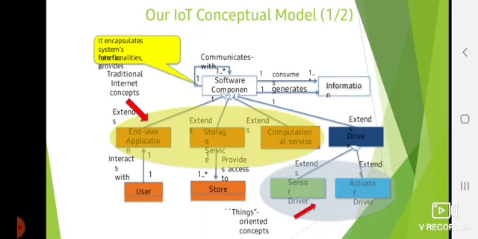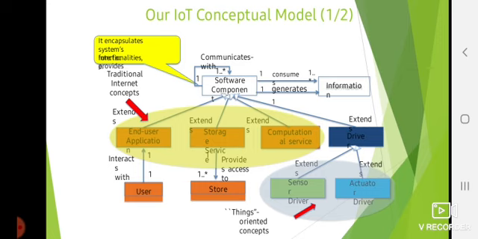Next, we have to see the first conceptual model. Here we have two conceptual models. The first conceptual model mainly consists of the software component. The software component is extended by users, stores, and sensors and actuators. The user interacts with the end user application. The store provides access to the storage device. The sensors and actuators extend the driver.